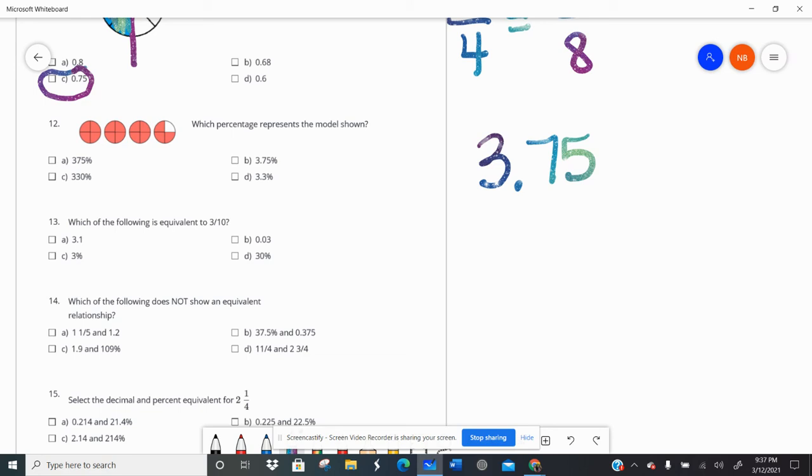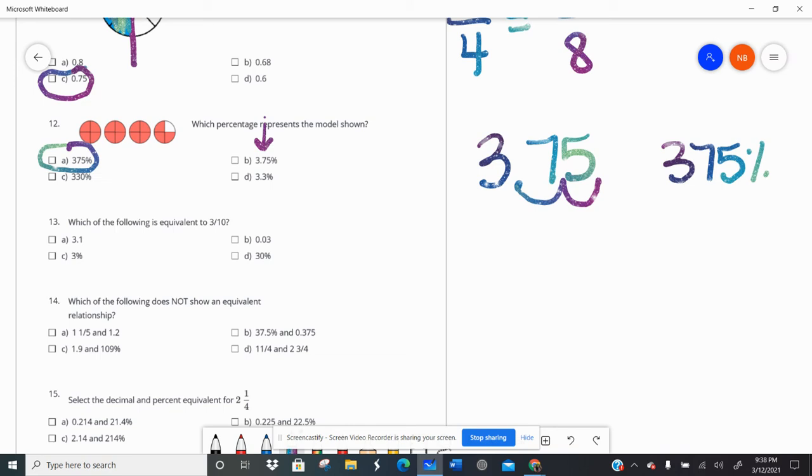So 3.75 is what's represented as a decimal, but if I want to make that a percent, I'm going to the right, to the right. 375% of pizza, right? 3 wholes and then 75%. The reason it's not B is B says 3.75%. That's not a lot, right? If you scored a 3% on a test, that was not that good. So 3%, not big. If you have 3 whole things, you have 300% plus whatever's left over on the 4th one. So just be careful with that one. That one can be tricky.